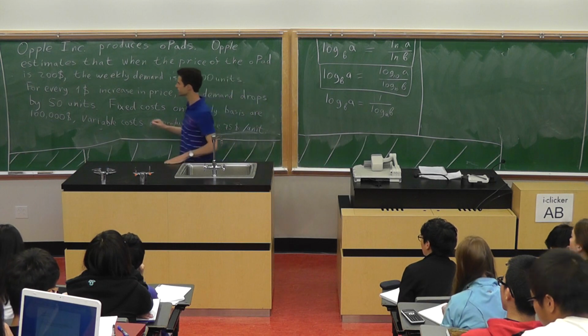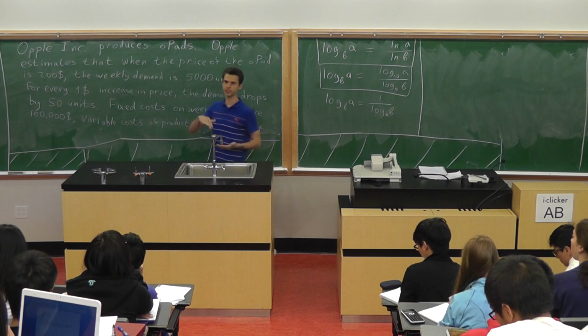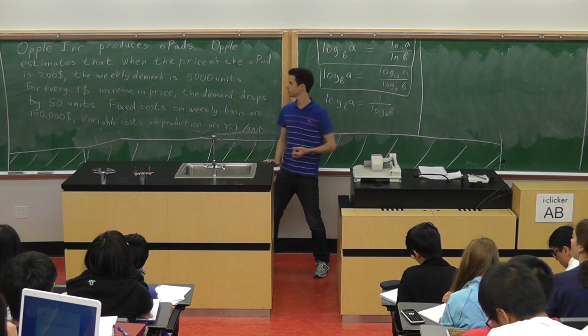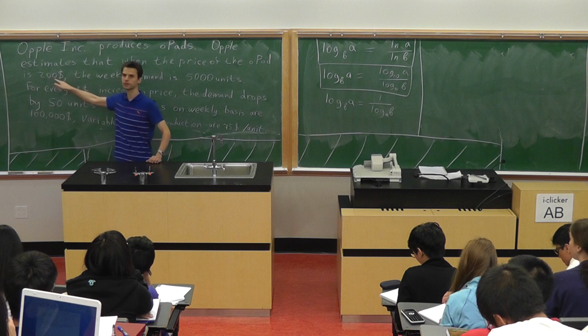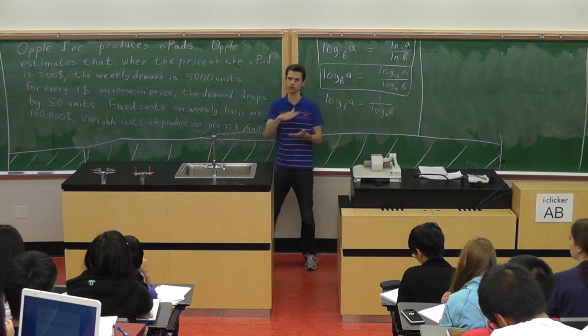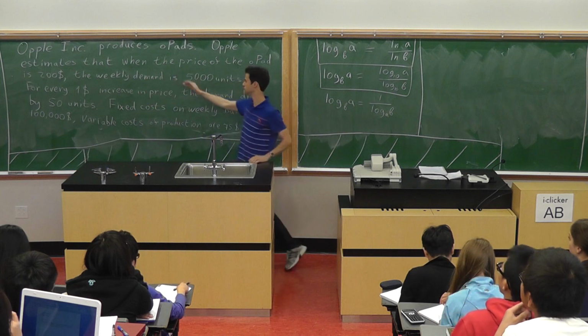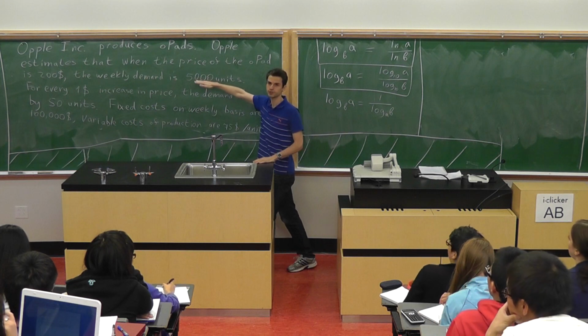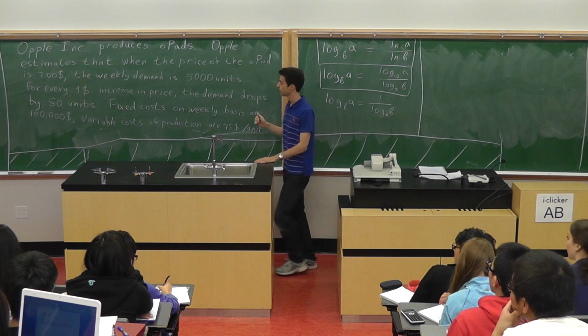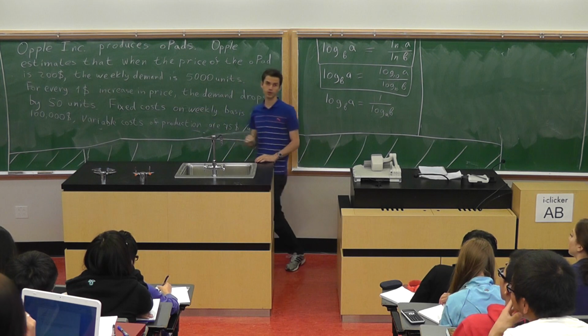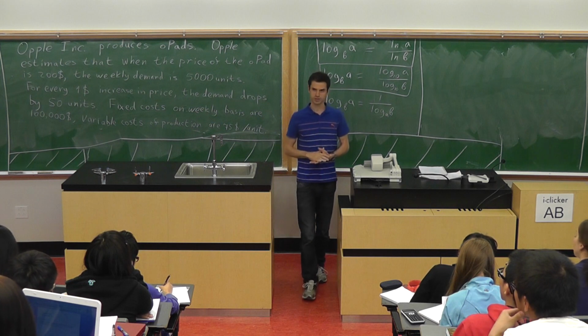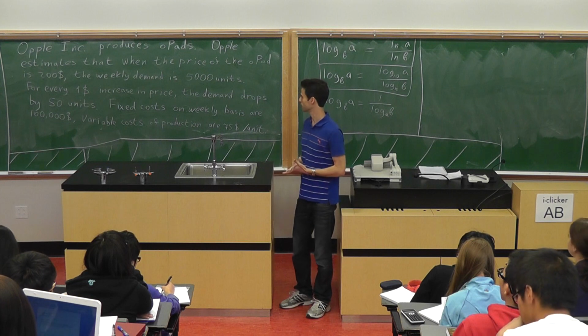And also they estimated that if they increase the price by $1, the number of units sold will drop by 50. If they increase it by $5, the number of units will drop by 50 times 5. Okay, so that's about the analysts in this company.